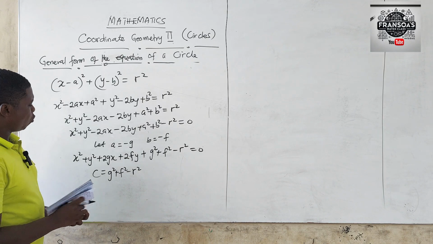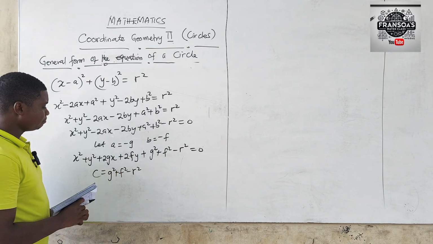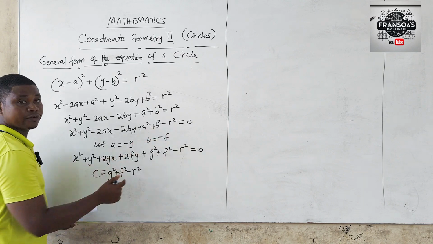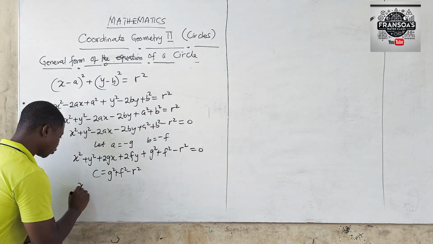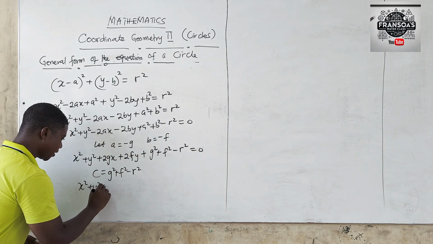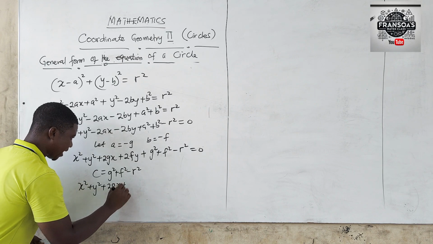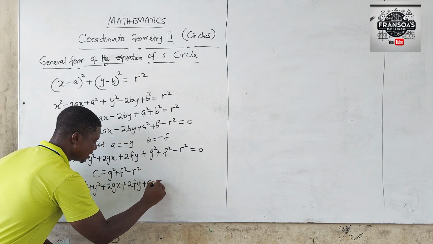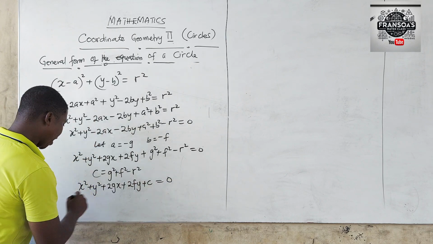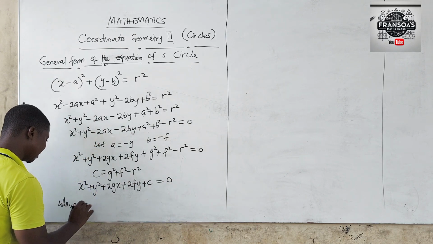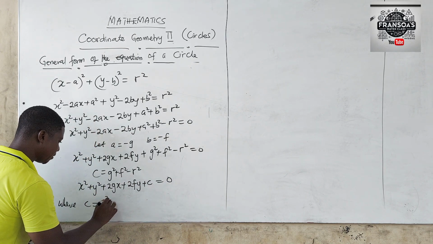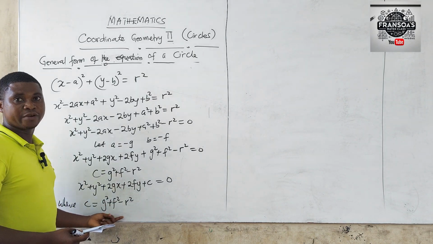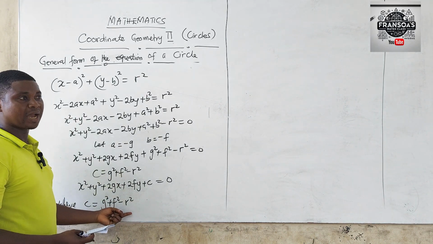Let me first replace the c with that. We have x squared plus y squared plus 2gx plus 2fy plus c equal to 0, where c is equal to g squared plus f squared minus r squared. But when you want to find the radius, we can make r the subject.